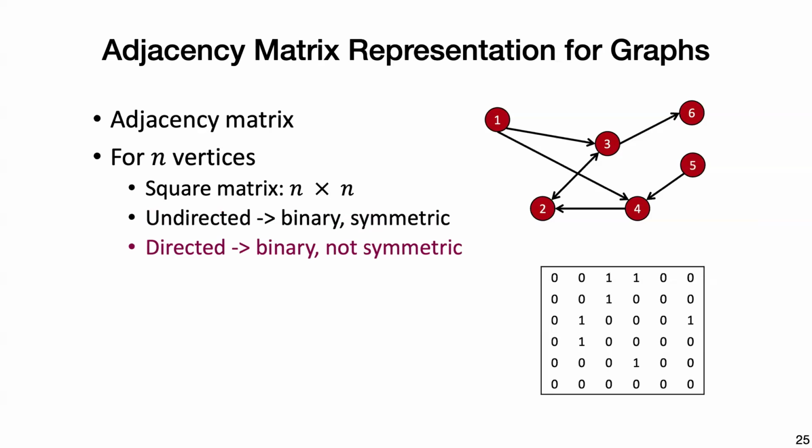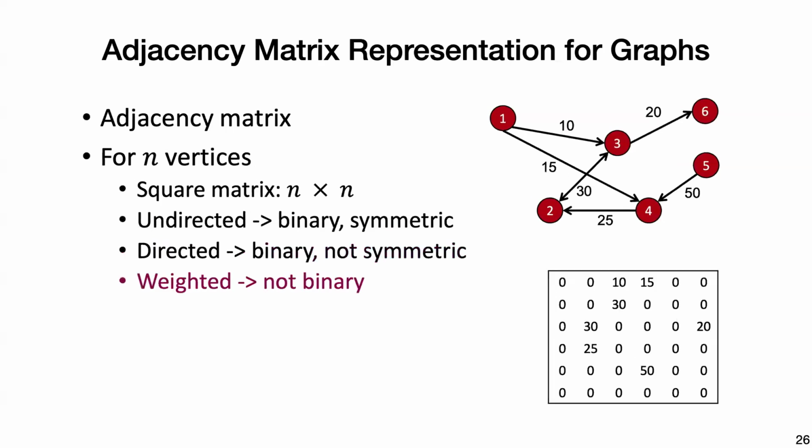If every edge was bidirectional, then it would be the same representation as the undirected graph. It's just that in a directed graph, it's not necessary that it is bidirectional. And we can also easily extend this to weights. Rather than storing 0 or 1, you can just directly store the weight in the matrix.